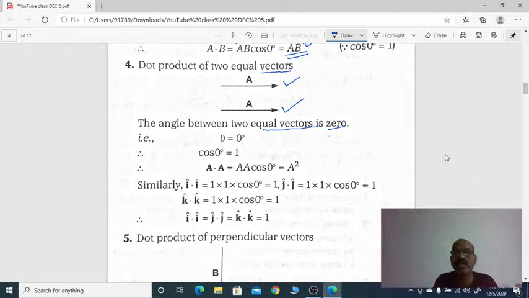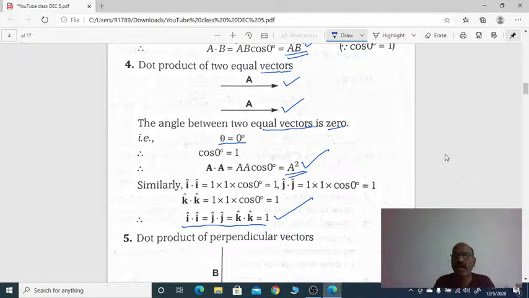So theta equal 0 degrees, cos 0 is 1, so A dot A is A square, right? Similarly, i dot i, j dot j, k dot k equal to 1. This is important in the scalar product. i dot i, j dot j, k dot k equal to 1.